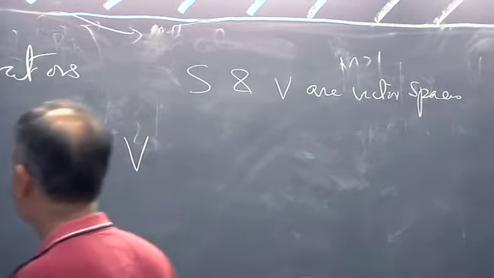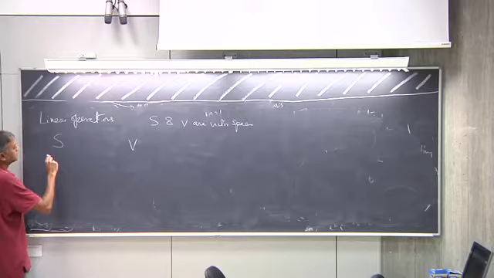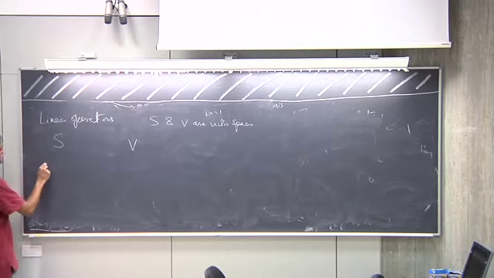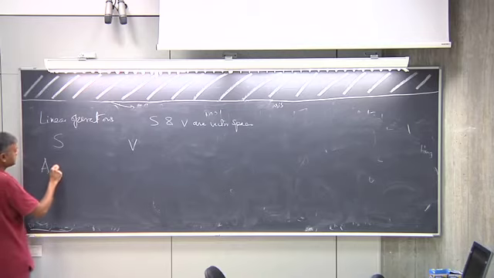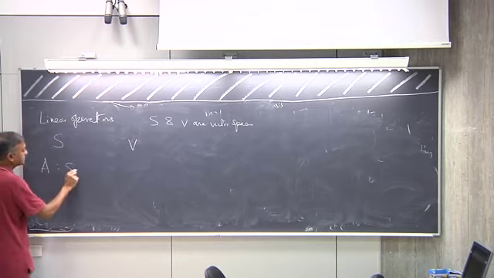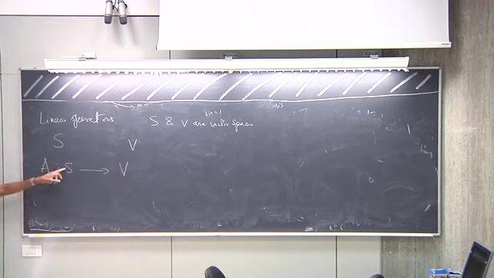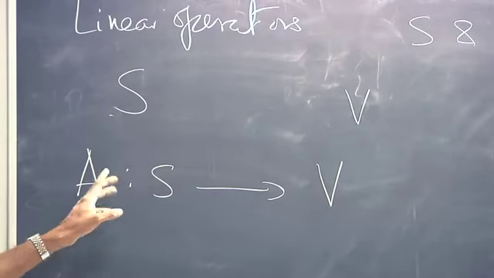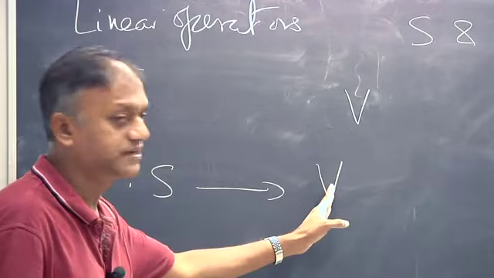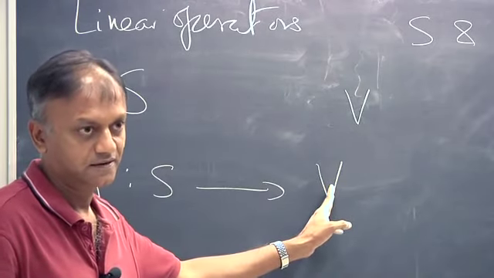In general, you can define an operation. So you define a linear operator, let's call it A. A is a linear operator. What it does, it maps S to V. So for every element of S, it gives a rule to associate an element of V.